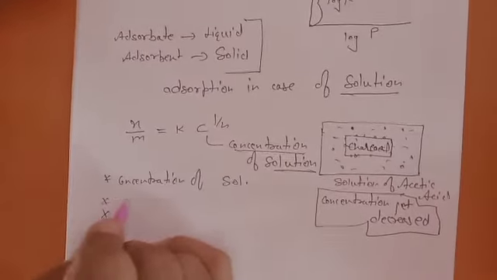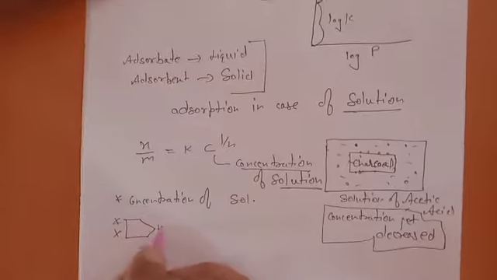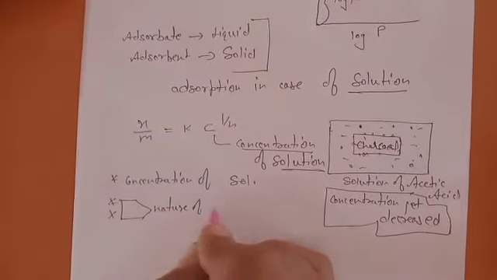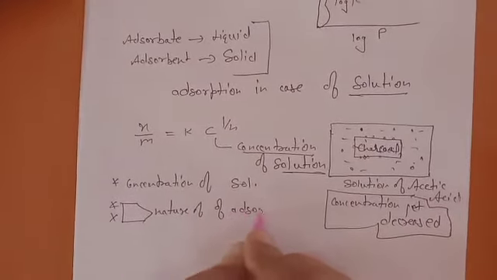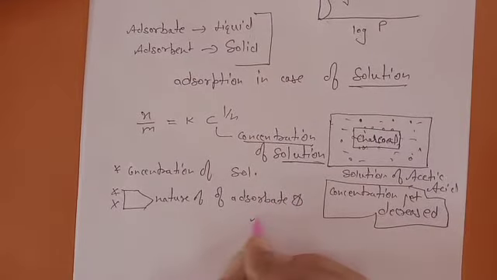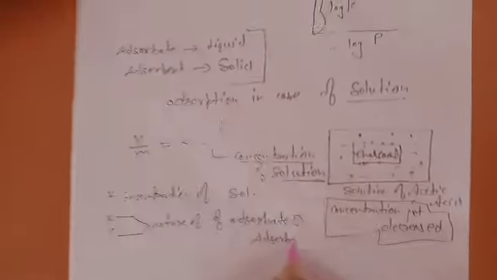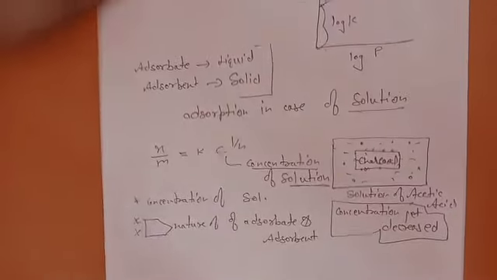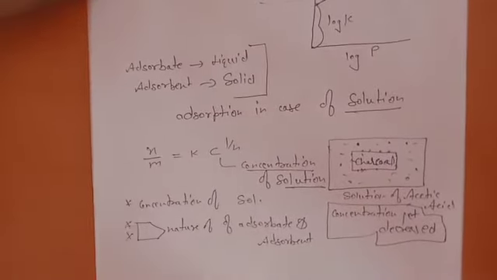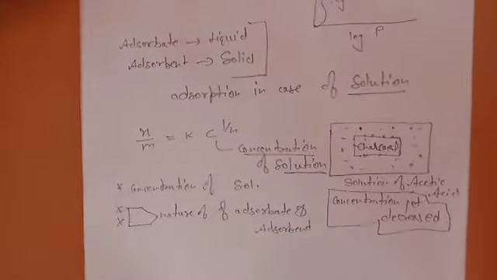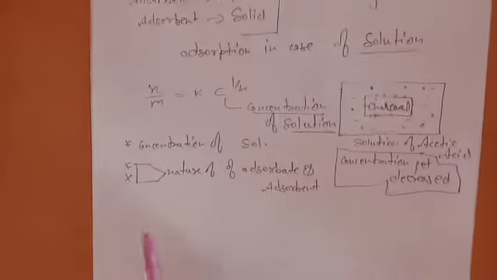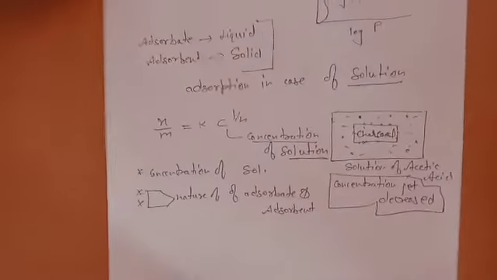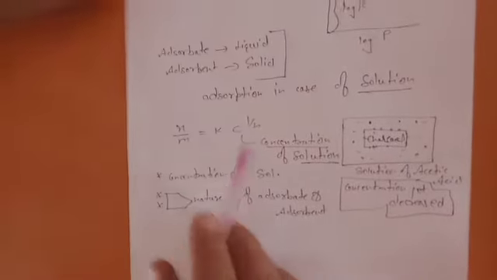Two particularly are the same: the nature of the adsorbate and adsorbent. That is to say, some particular adsorbates are specific for particular adsorbents, in which case you will find a little more adsorption occurring. So the concentration of the solution is directly proportional.